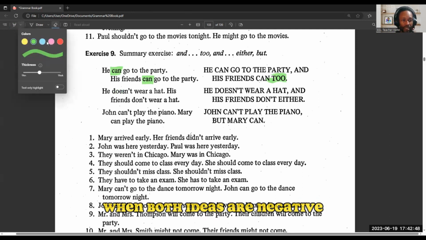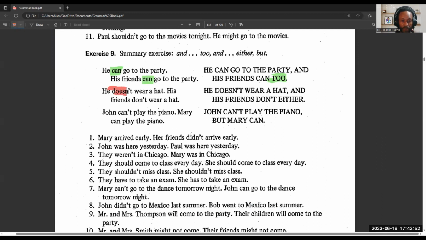When both ideas are negative, he doesn't, his friends don't, you will use either.